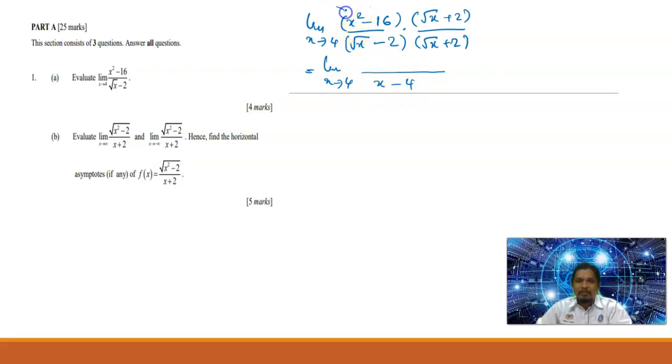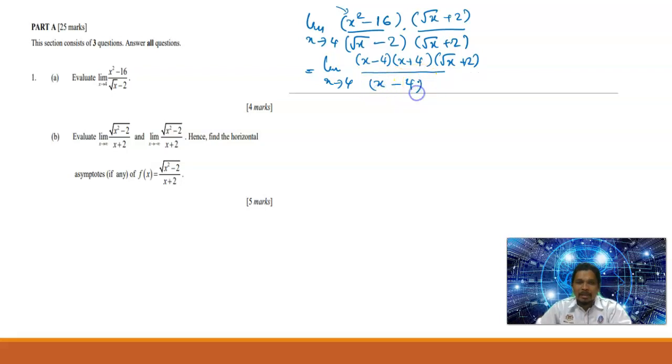I think that we can form linear factors for x squared minus 16, which is x minus 4 and x plus 4. Am I right? x times x is x squared, 4x, negative 4x equals 0, then negative 4 times 4 equals negative 16. Then we have square root of x plus 2.